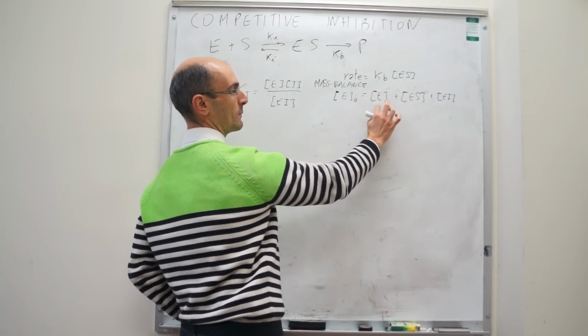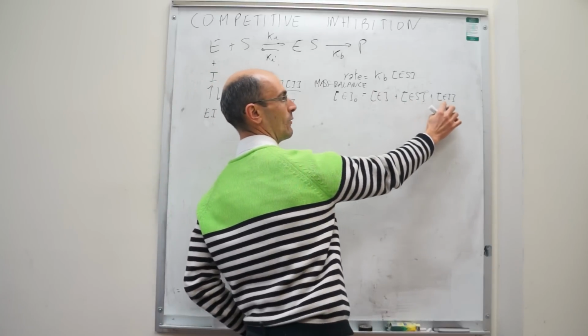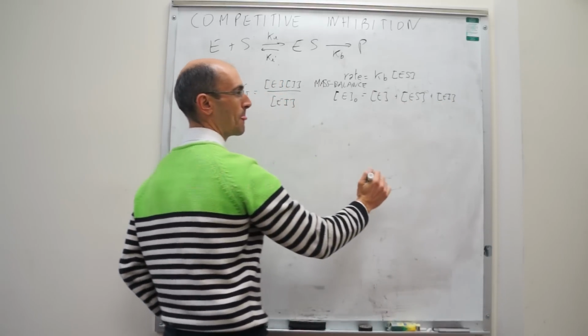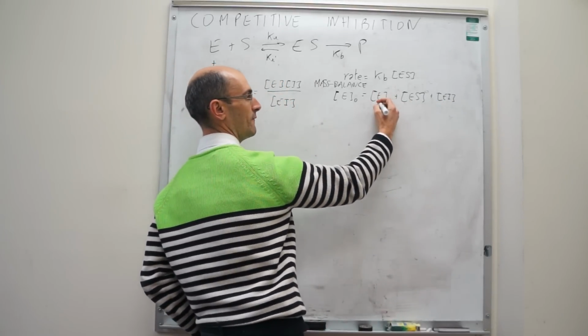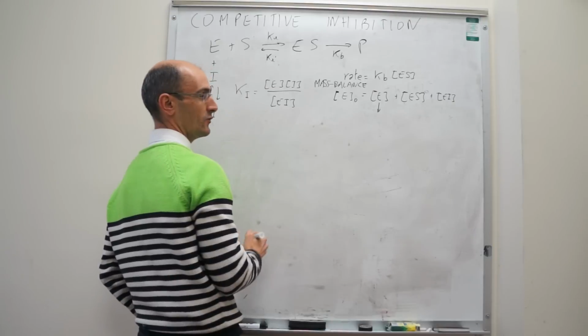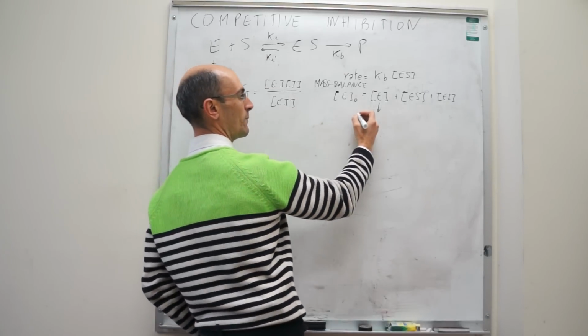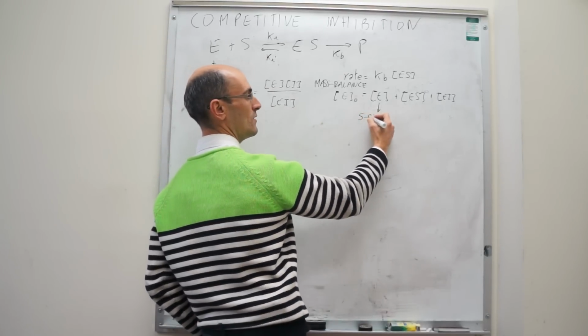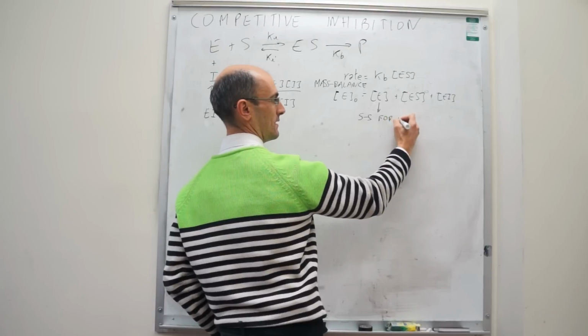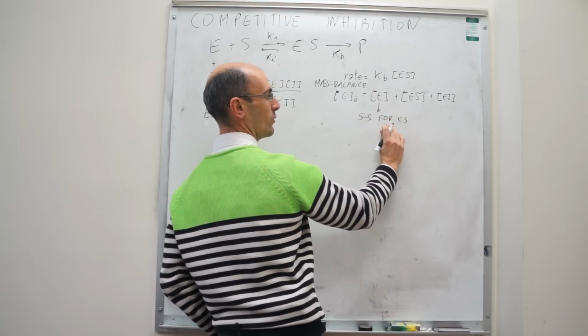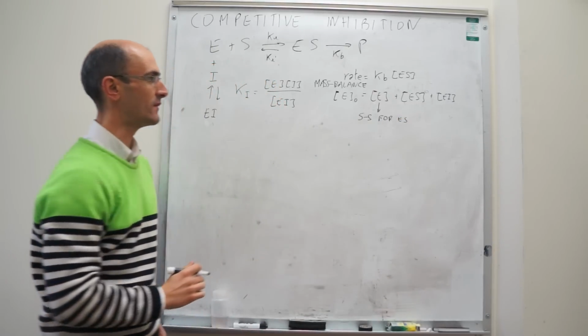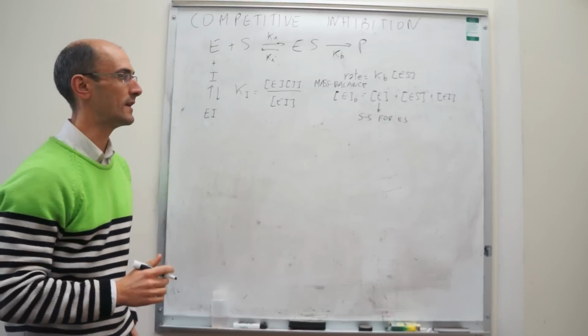The question is, how do we put this as a function of ES, and how do we put that as a function of ES? Our strategy to put that as a function of ES is to apply the steady state approximation for ES. From that equation, we're going to be able to find an expression that relates the concentration of enzyme to ES.